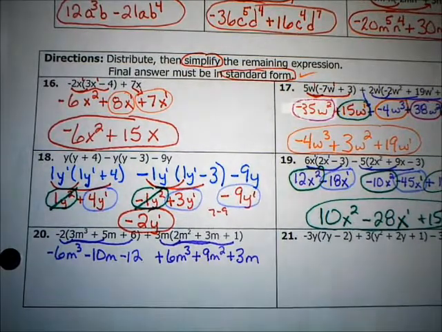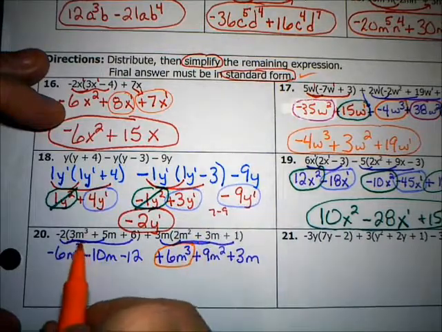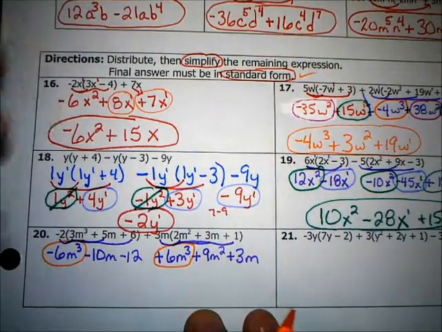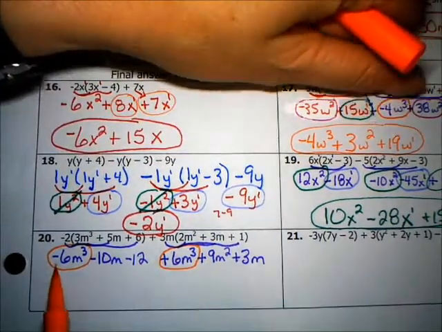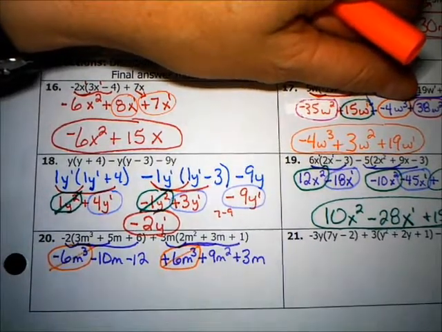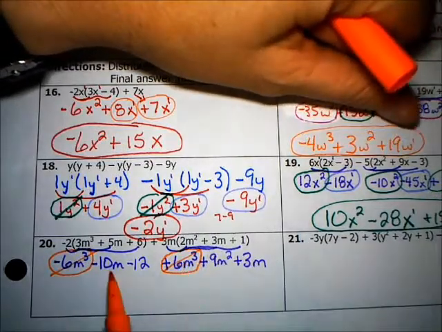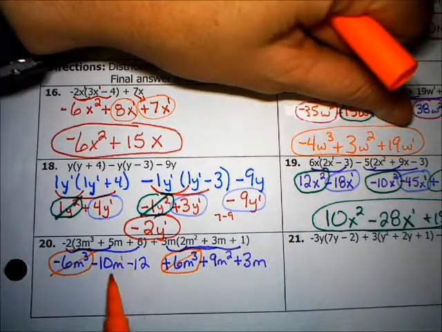Like terms. Notice I have a cube and I have another cube. I have another power of 3. So I look at the coefficients. Negative 6 plus 6 cancels out. That goes to 0. So my next term is looking for a square. That's a 1.